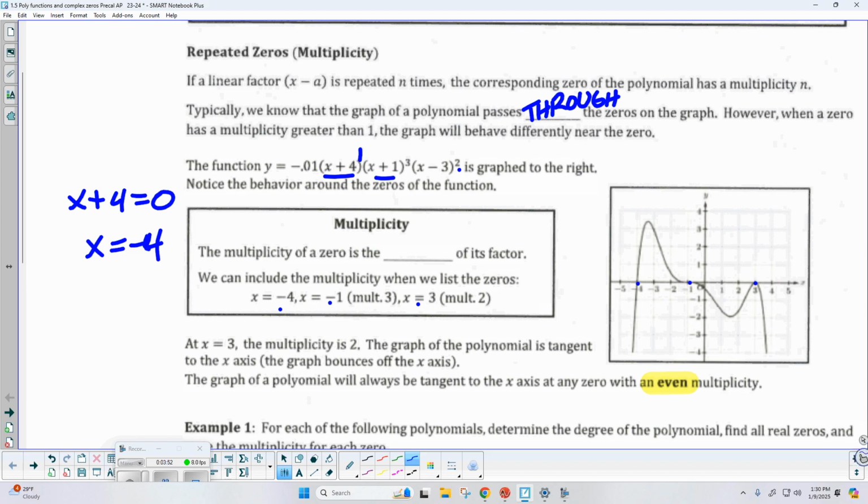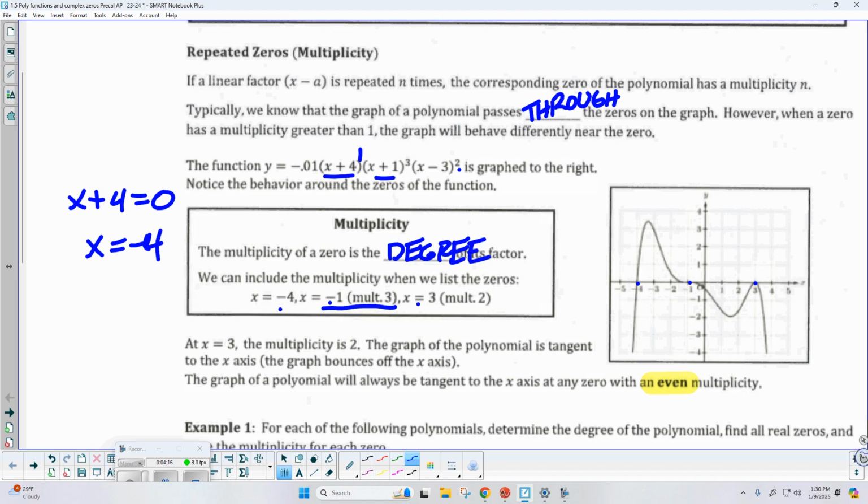It's even. Yes. Okay, so the multiplicity of a 0 is the degree of its factor. Okay. So we have x plus 1 cubed. That's why negative 1 has a multiplicity of 3. Whatever that degree is, that's going to be the multiplicity for that root.